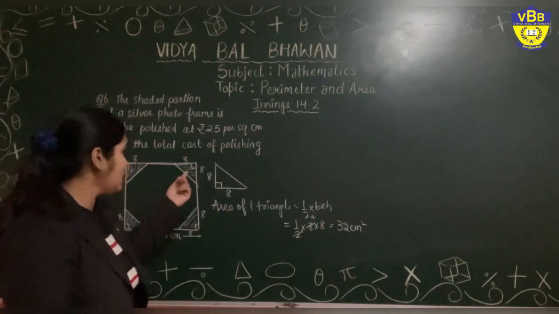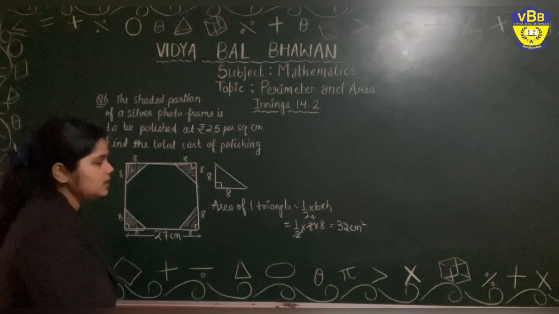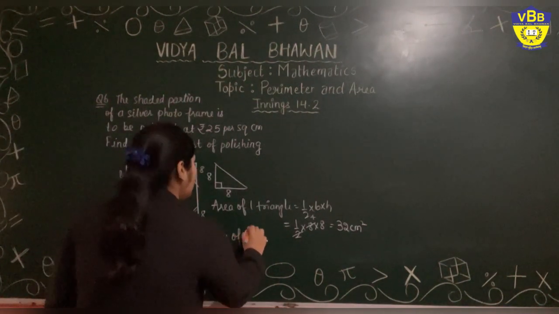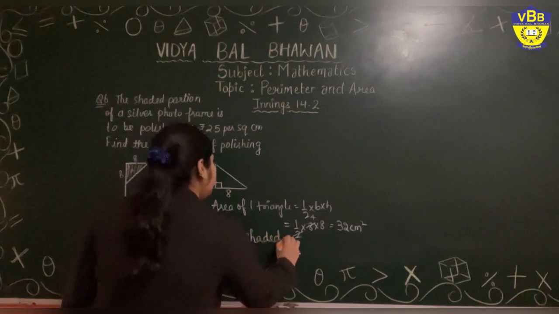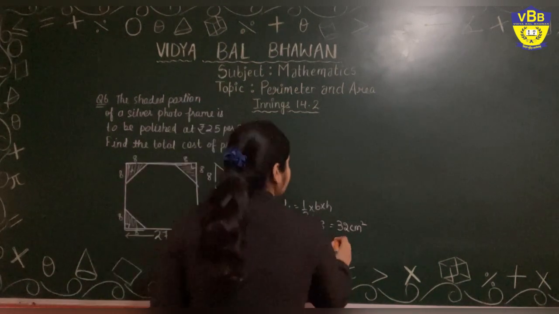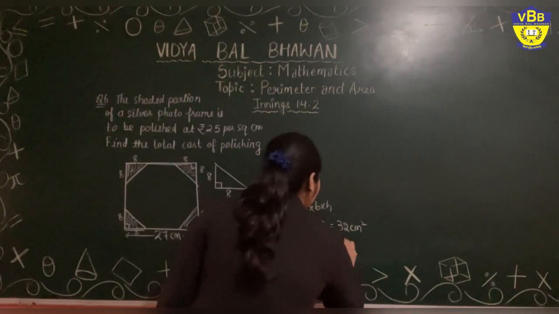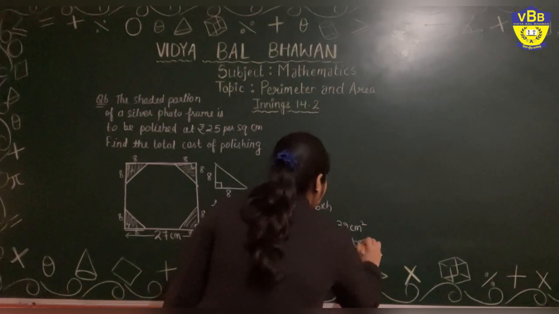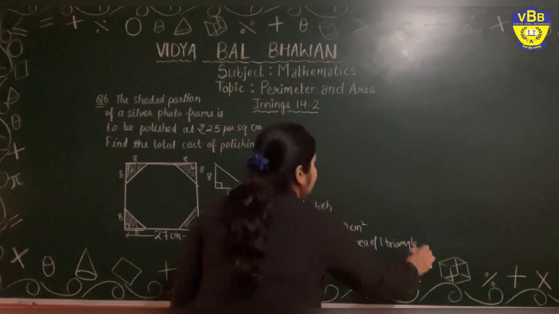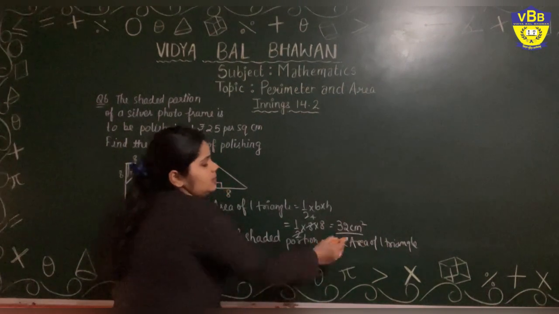But we have four triangles with the same dimensions. So, area of shaded portion will be equal to 4 multiplied by area of one triangle. As we have calculated, the area of one triangle is 32 centimeters square.